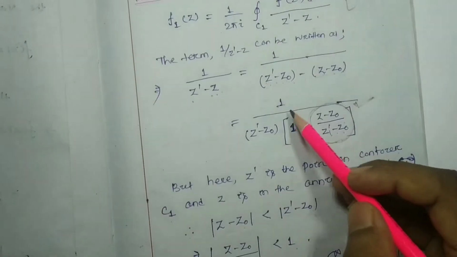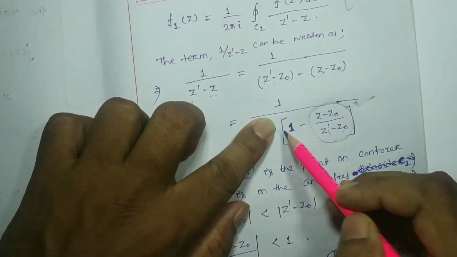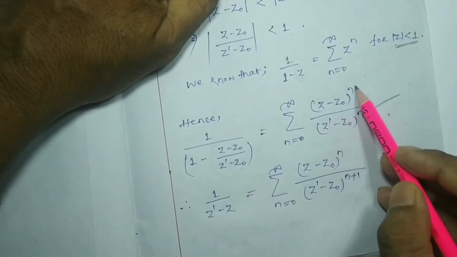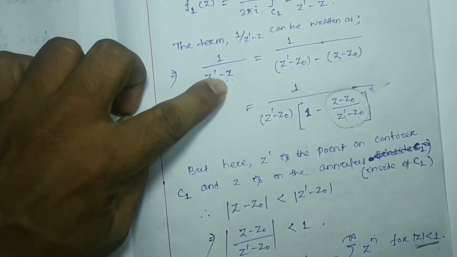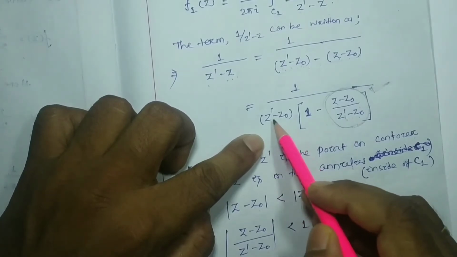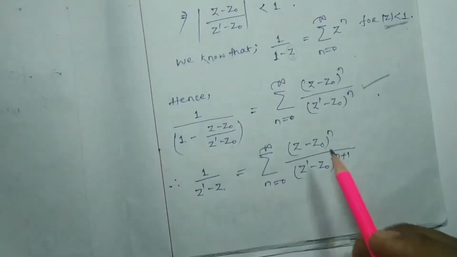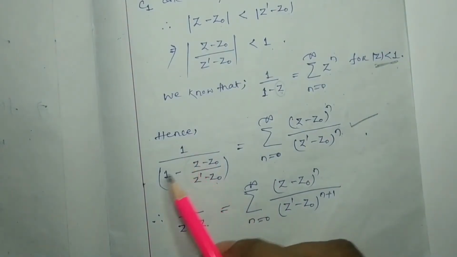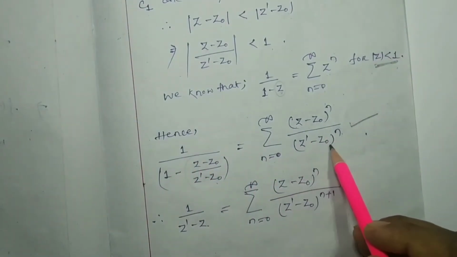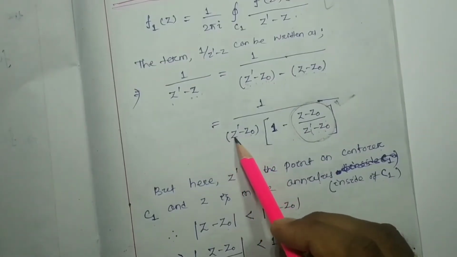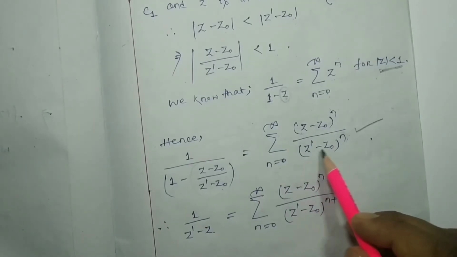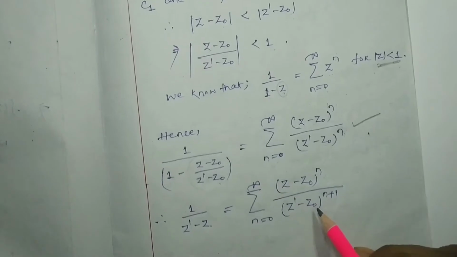The expansion is this one, but another factor 1 by z dash minus z0 has been multiplied, so in the denominator we get z dash minus z0 to the power n plus 1.